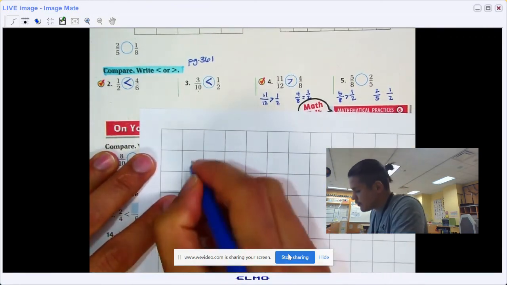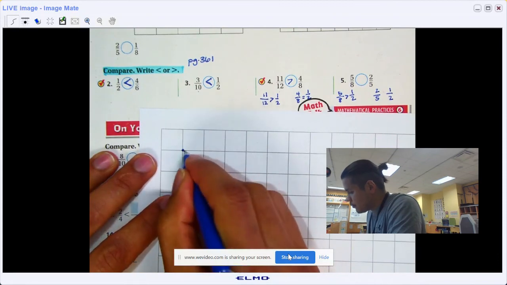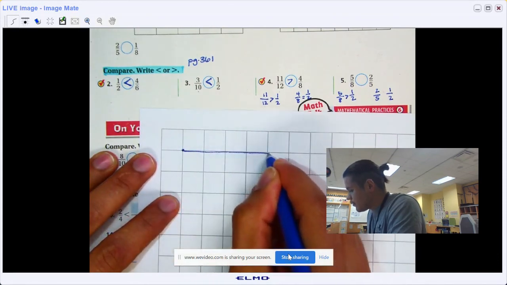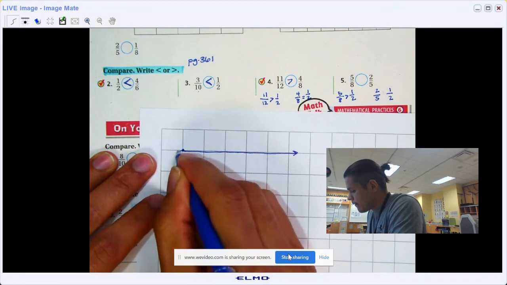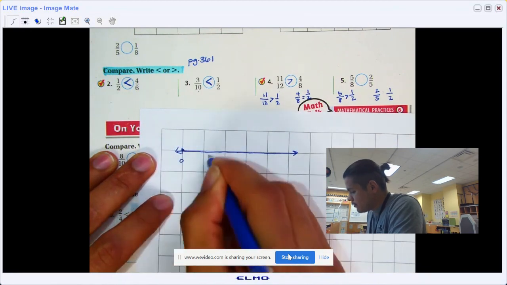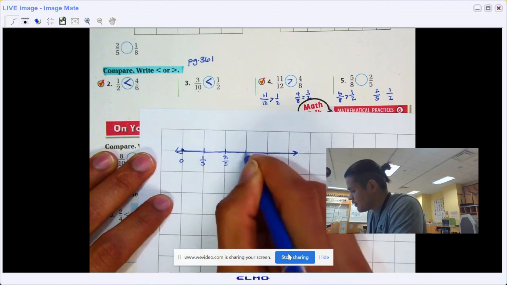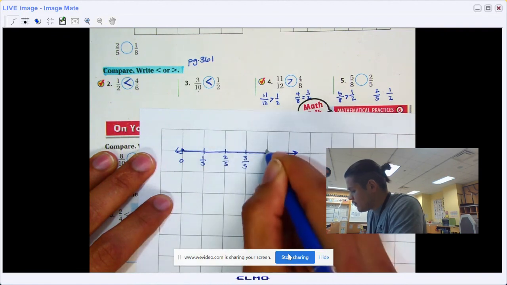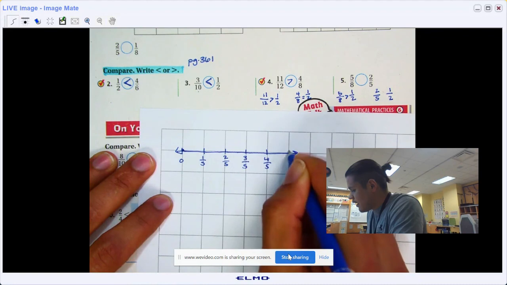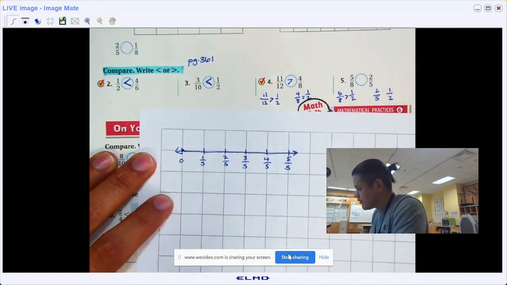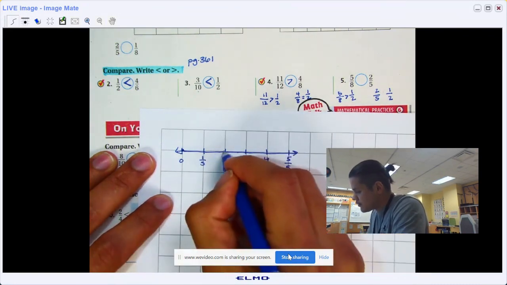So here I have it. We're going to start off. We're going to go 1, 2, 3, 4, 5. So here I have 0, 1/5, 2/5, 3/5, 4/5, and 5/5. Okay, and 2/5 is right here.